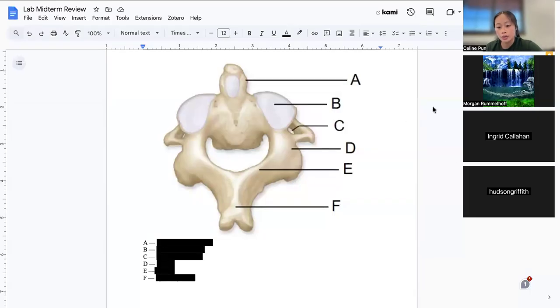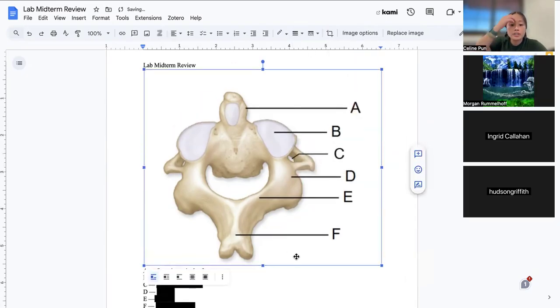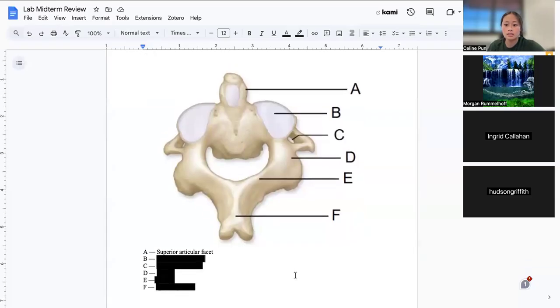You could either shout it out or type it in the chat. Okay, this is a superior articular facet.